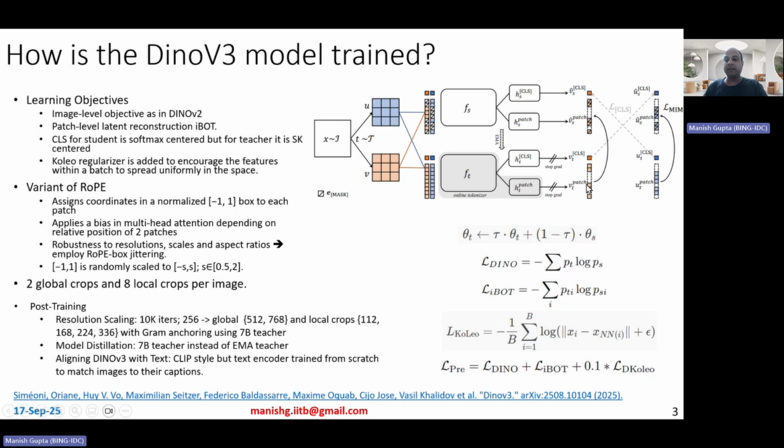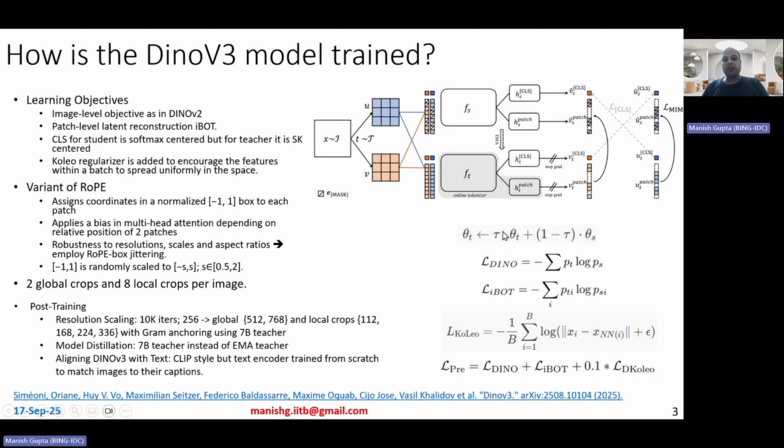So whatever is the patch level feature or the patch level representation that you have, that's the one that you also want to obtain on the student side. On the CLS token, you apply this objective, so it's essentially a cross entropy loss from the CLS token perspective. On the patch level objective, for all those patches that were masked, you want to optimize for this objective where PT is from the teacher side and PS is from the student side.